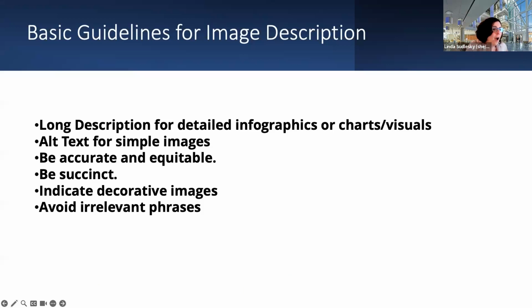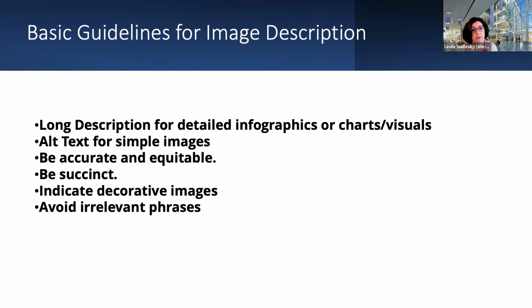All right. So basic guidelines for image description: use long description for detailed infographics, charts, and visuals, and alt text for simple images. Make sure that you're both accurate and equitable in your descriptions, you're succinct, and you indicate decorative images where possible.